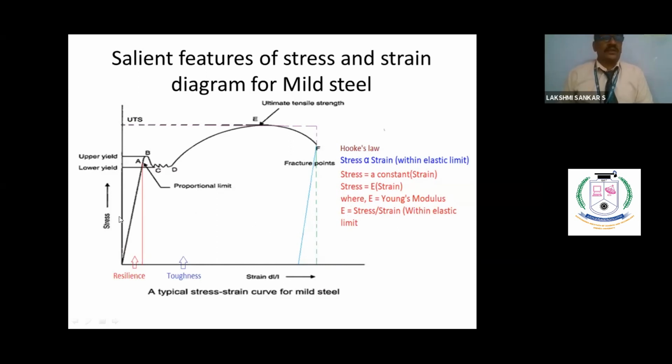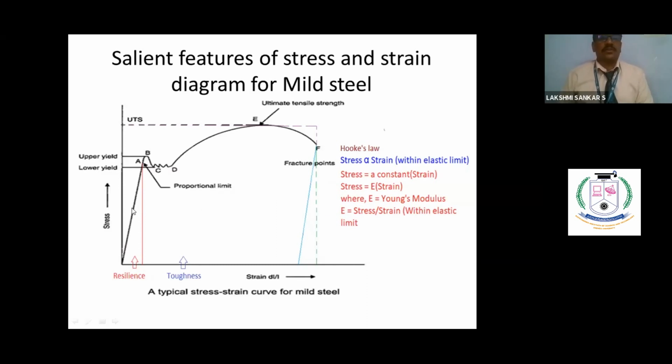So what is stress? Go to the diagram now. For this condition, there is a stress and a corresponding strain. Here another stress, another strain, like that. In all the places, if I put stress divided by strain, that value is constant. That constant is Young's modulus, within the elastic limit. So it is a constant with a unit. It is another observation: in science and engineering, there are constants with unit, and there are constants without unit also.